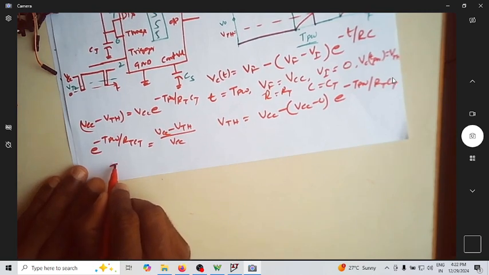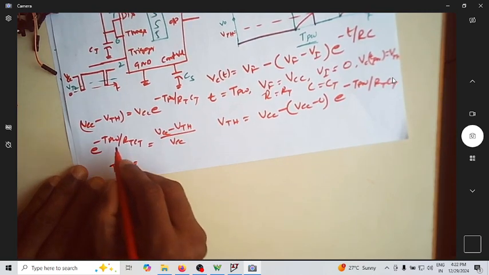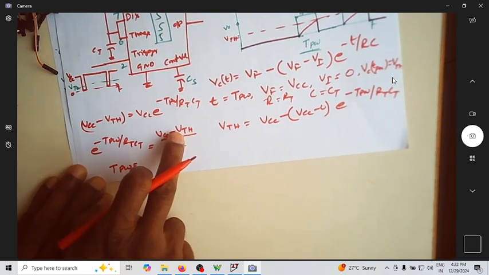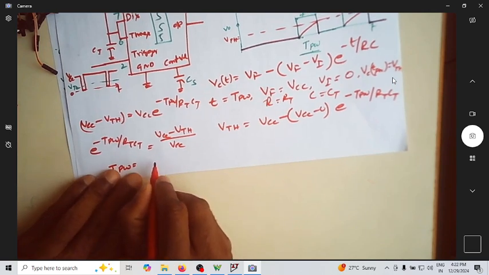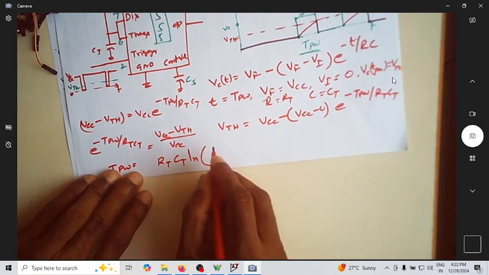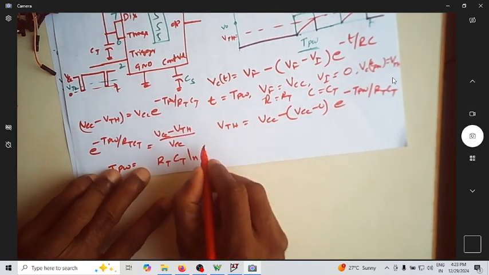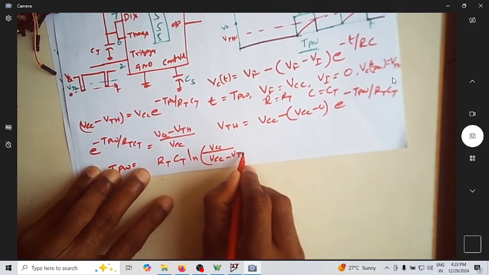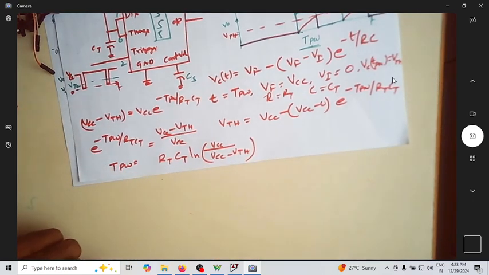So you can write TPW; of course, when you make this positive, this gets reversed. So TPW is RT CT ln of, let me flip this, VCC by VCC minus VTH. This is my expression.